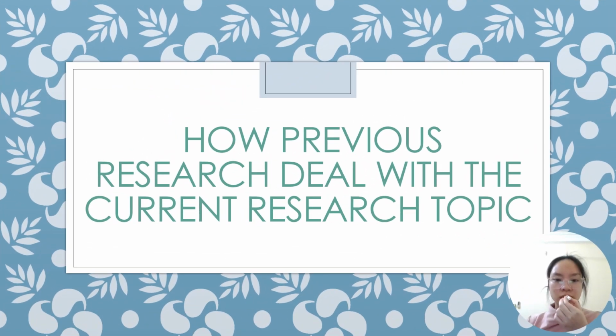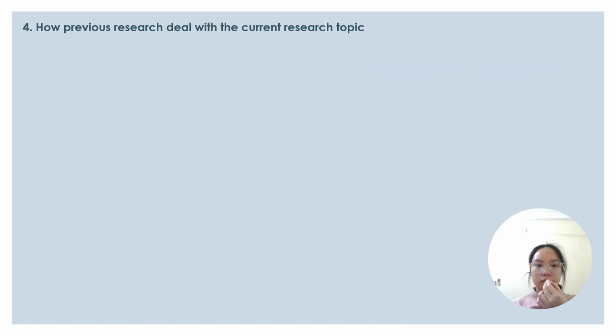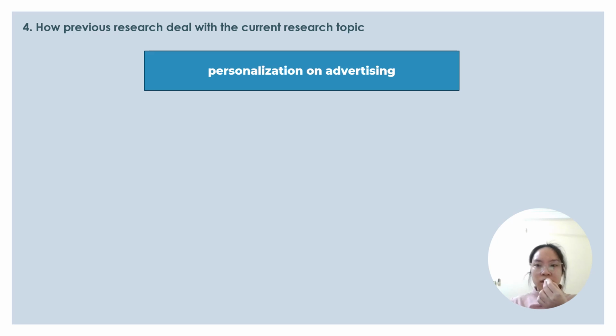How does previous research deal with the current research topic? Previous research on the topic of personalized Facebook advertising has focused on the effect of personalization on advertising outcomes such as attention, attitude, behavioral intention, and yield intention. Some studies have found positive effects, while others have found negative or mixed results depending on the degree and type of personalization.